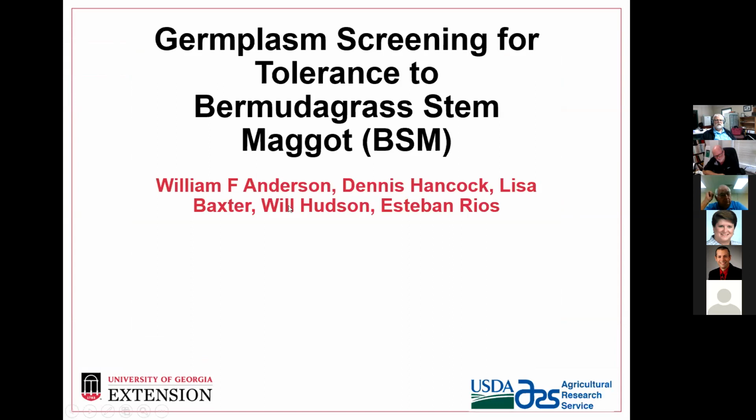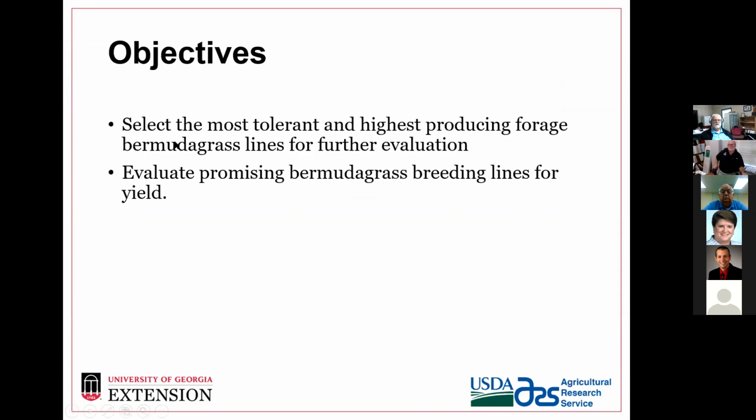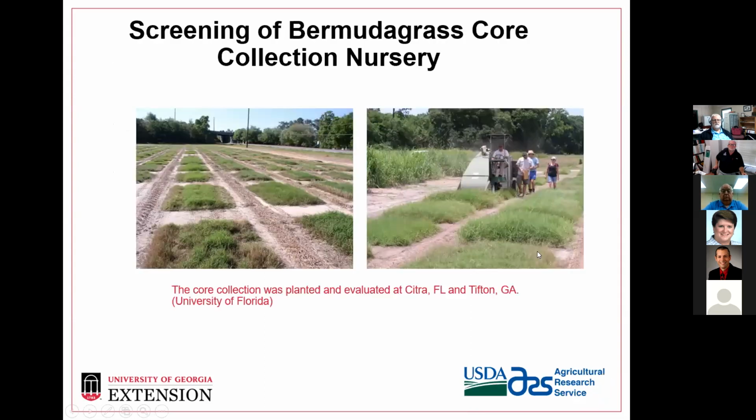But Dr. Bill Anderson, who's an ARS scientist in Tifton, is pursuing the identification of additional varieties that may have even more tolerance. So the objectives are to select highly tolerant and productive Bermudagrass lines and then evaluate those Bermudagrass breeding lines for yield.